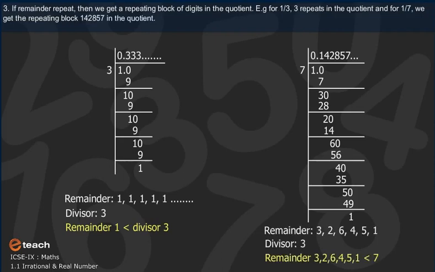If remainders repeat, then we get a repeating block of digits in the quotient. For example, for 1/3, 3 repeats in the quotient and for 1/7, we get the repeating block 142857 in the quotient.